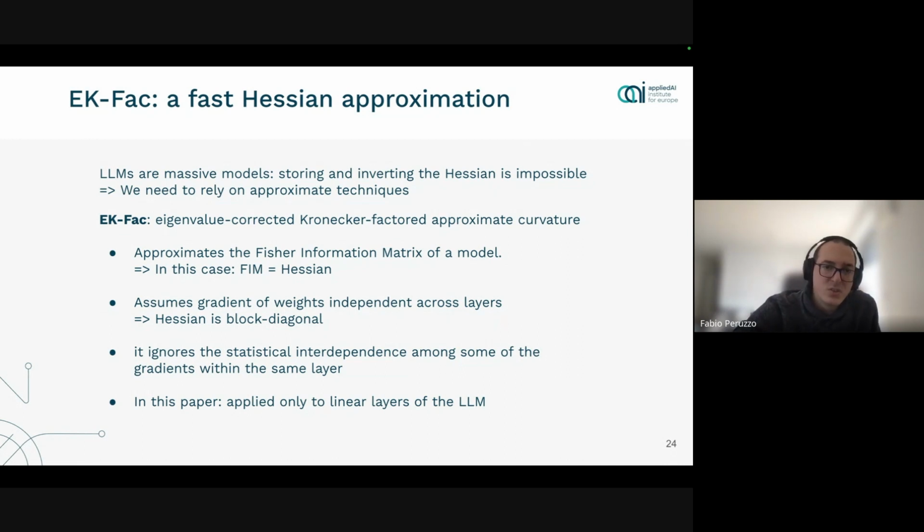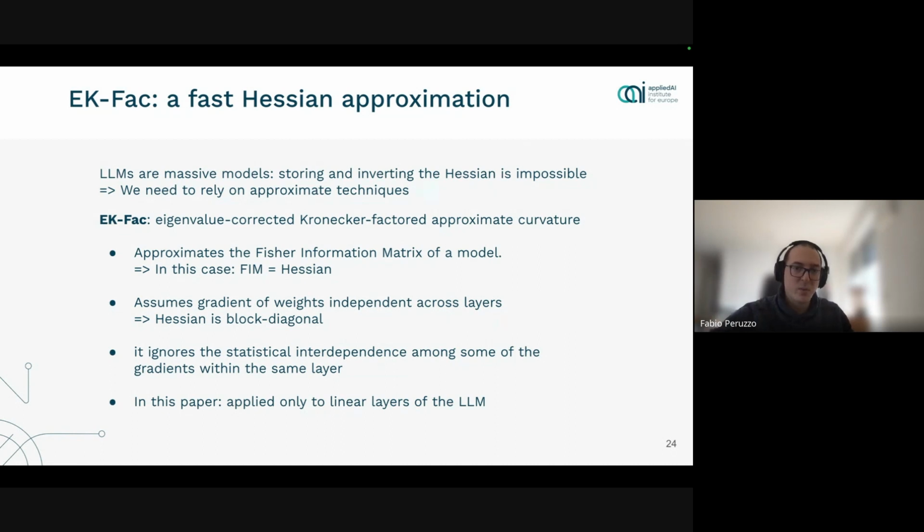Then it makes two very strong approximations. The first one is that we can consider the weights of the LLM to be independent across layers, which means that the Hessian is block diagonal. So we are throwing away quite a lot of entries in the matrix and just considering them negligible. On top of this, it also ignores some of the statistical interdependence within the same layer. So these two are already quite strong assumptions.